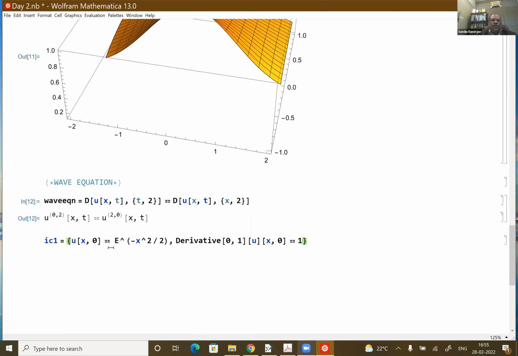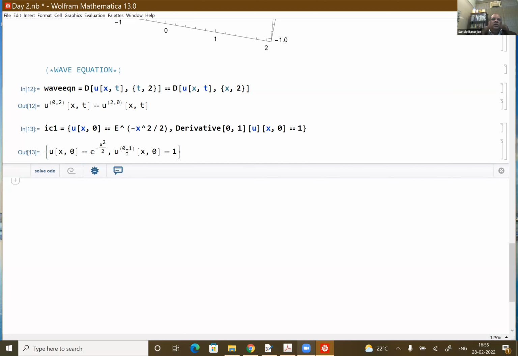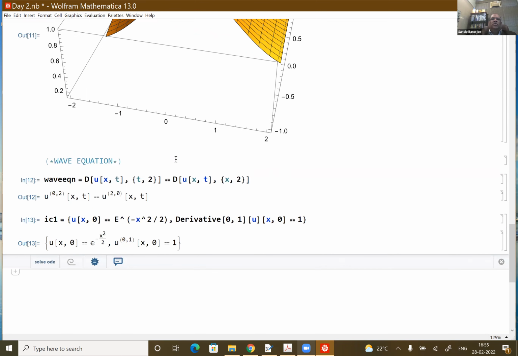One is u[x, 0] is exponential this, and another is del u del t at the point 0 is 1. Now let me solve this.